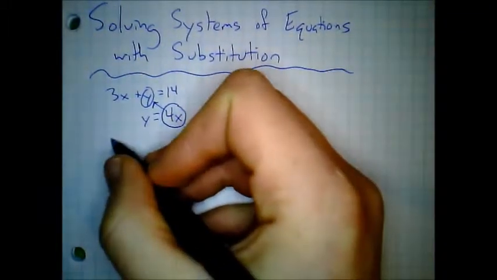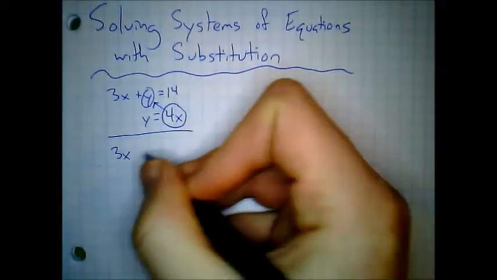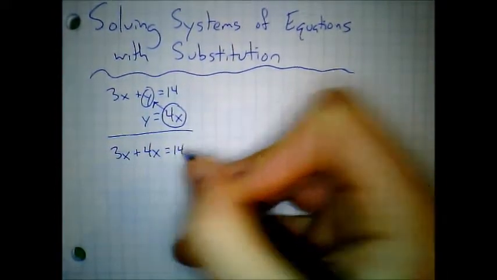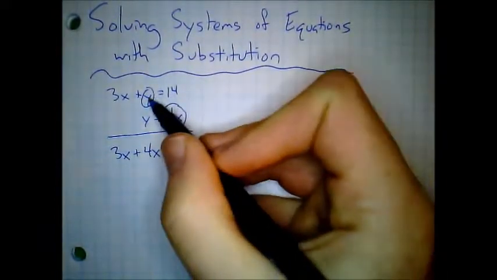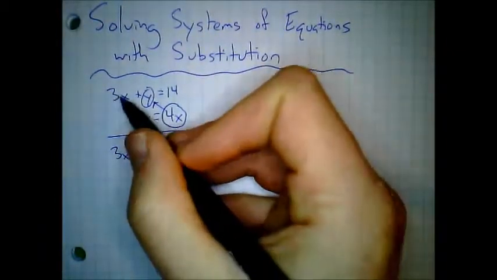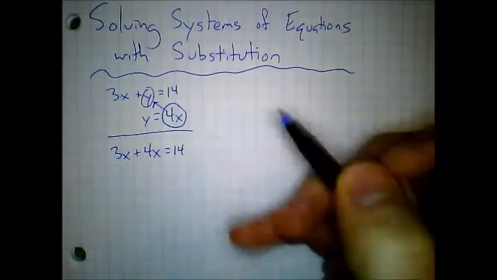So instead of having 3x plus y, we're going to have 3x plus 4x equals 14. We just replace the y in the first equation with what it equals.